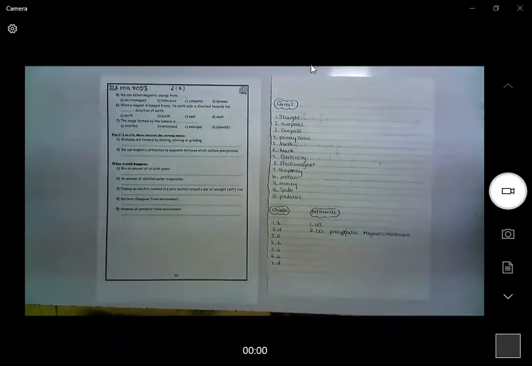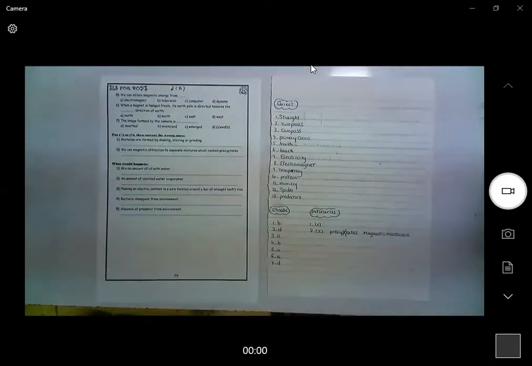A, north, B, south, C, east, D, west. The correct answer will be A, north. 7. The image formed by the camera is A, inverted, B, minimized, C, enlarged, D, A and B. The correct answer will be D, inverted and minimized.